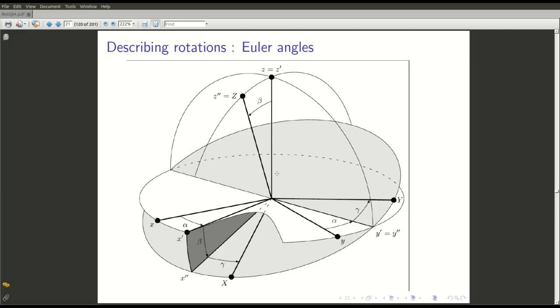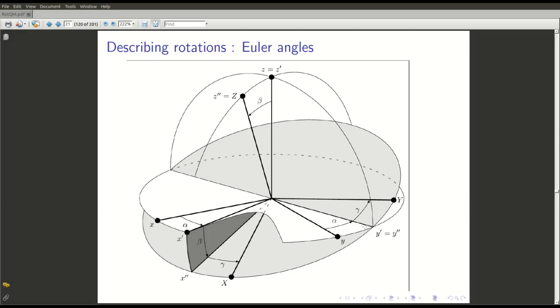He broke this rotation up into 3 steps. First, he rotated about the original z-axis through an angle alpha, so that the x-axis came here to x prime, the y-axis moved here to y prime, and of course the z-axis stayed where it was, z prime.